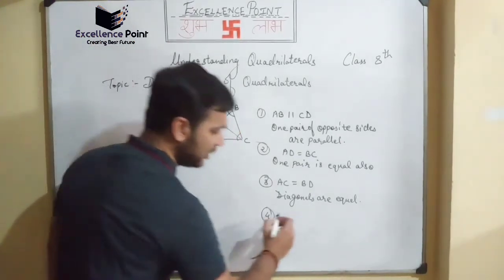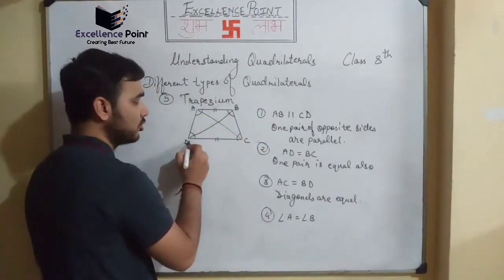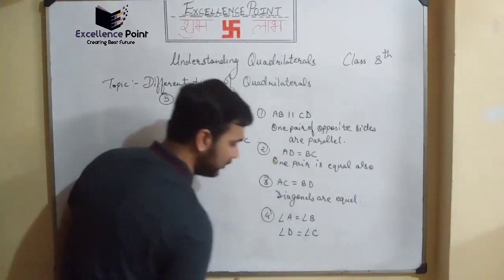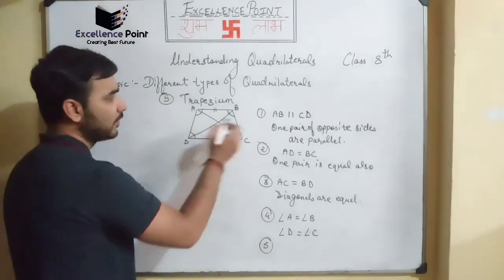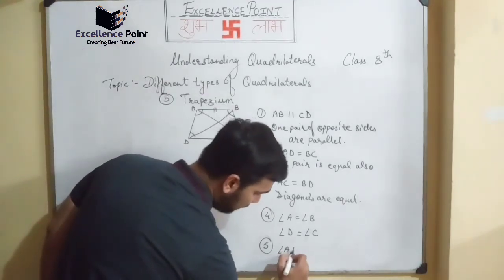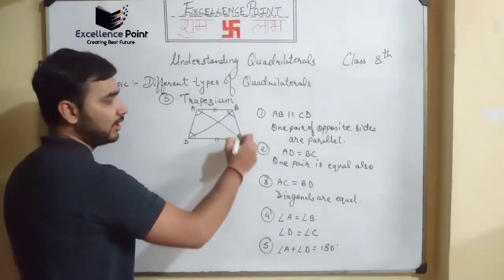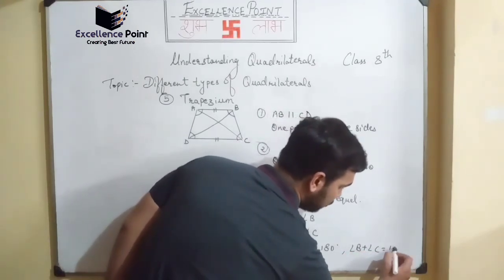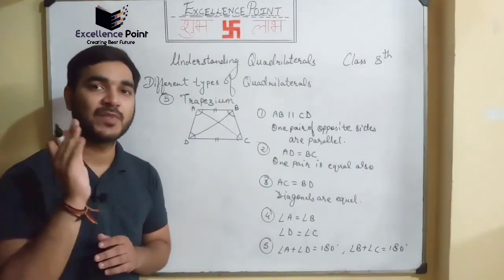So angle A is equal to angle B. Also angle D is equal to angle C. Only the last property, you will observe angle A and angle D. So angle A plus angle D is equal to 180 degrees, and angle B plus angle C is equal to 180 degrees. Angles on the same side of a transversal are supplementary.